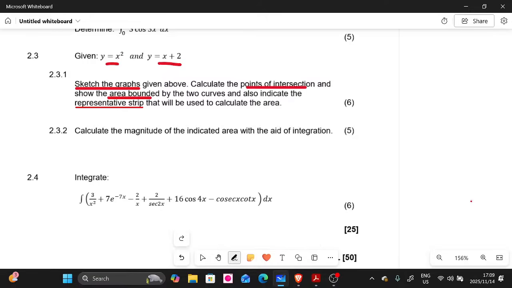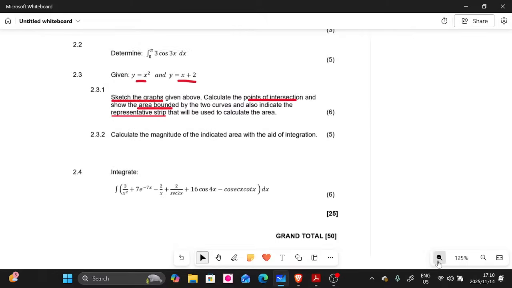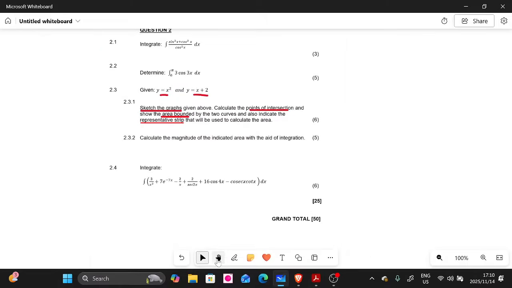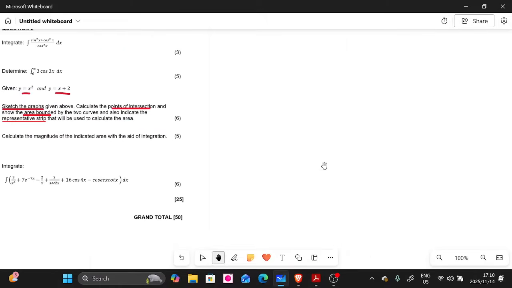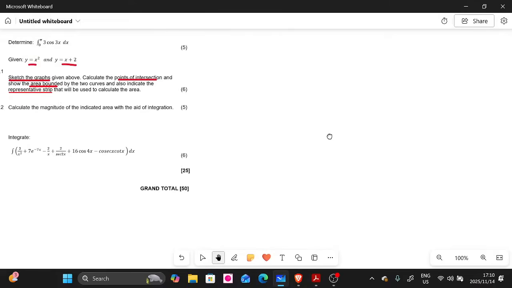They show the area that is created by these two graphs, and also show the representative strip on that area. Okay, so I hope you understand this question. This question here, it's 6 marks. So you must know your graphs, guys, when you do this one. If you know that you're struggling with graphs, then this is going to be a serious challenge.